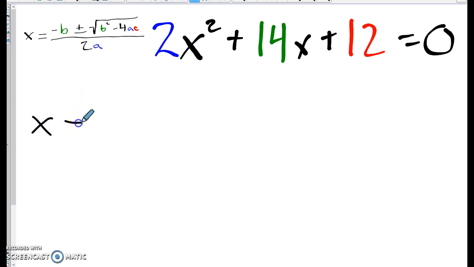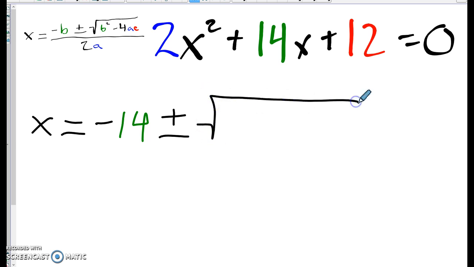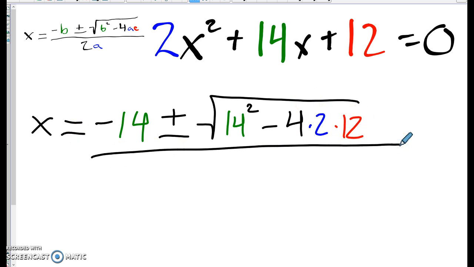The solutions to it are x equals negative b, and b in this case is 14, plus or minus, that's where we're going to get our two solutions from, the square root of b squared minus 4 times a times c, all divided by 2 times a.